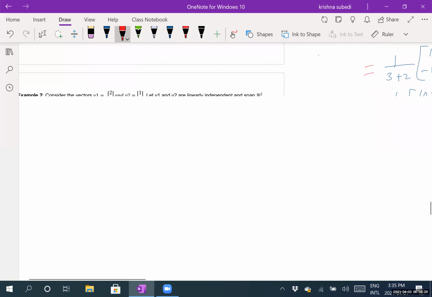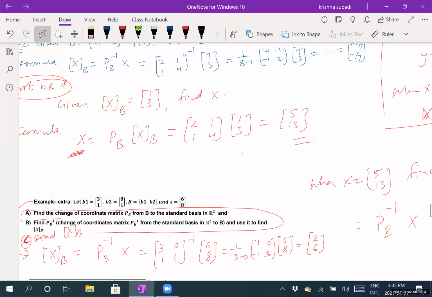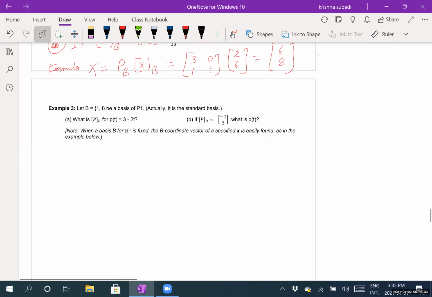Now let's look at example 3. In example 3, let B be the basis 1, t, a basis of polynomials of degree 1. Actually, this is the standard basis for polynomials of degree 1.